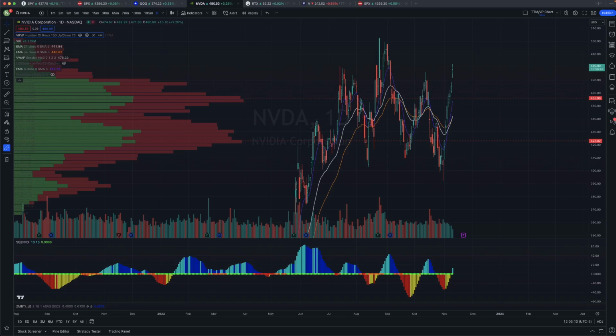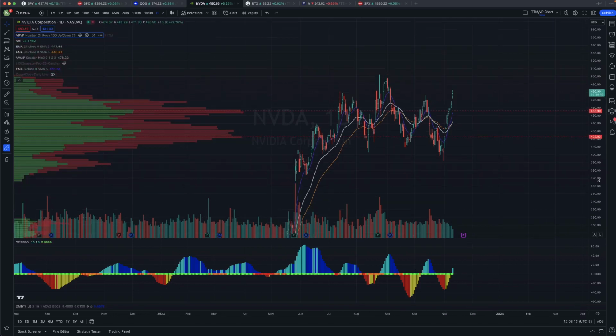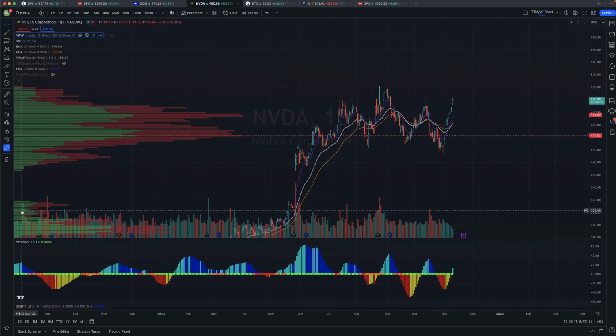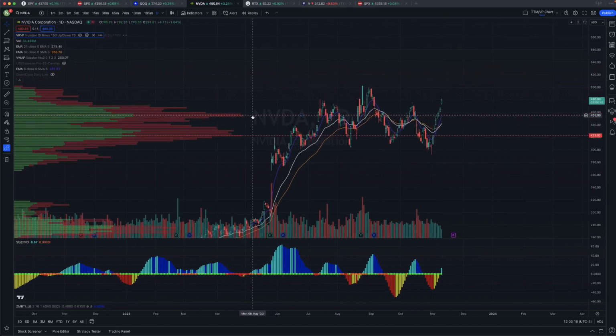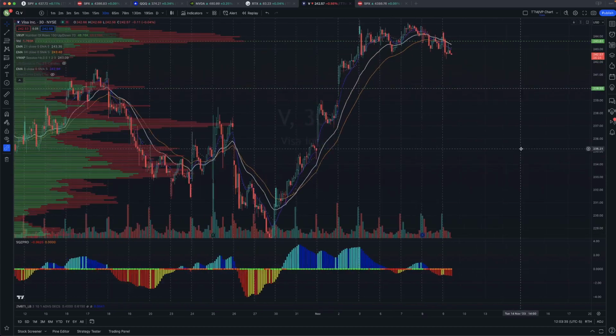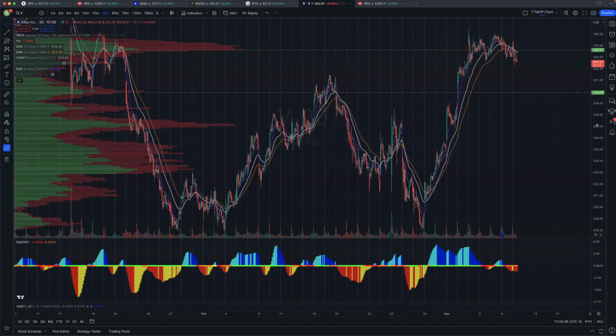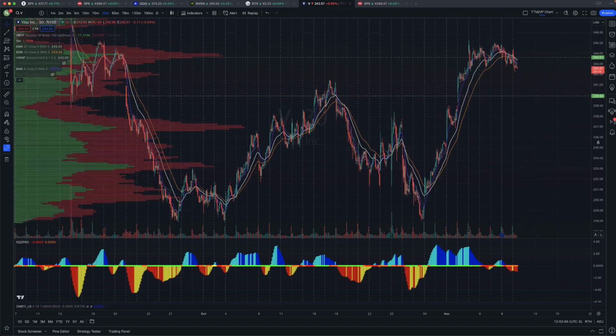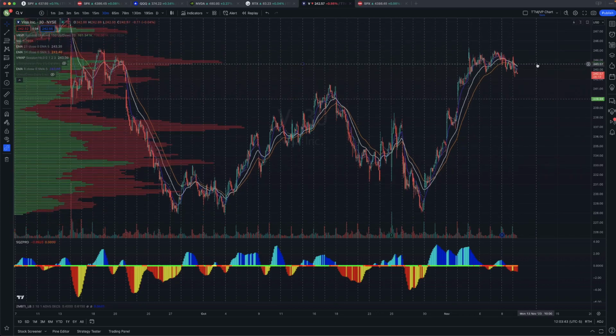Matt C, great question. Why the Fibonacci for profit targets and not volume profile? You can most definitely use volume profile for your price targets. If I'm day trading and I am trying to short, this is Visa right now, okay?